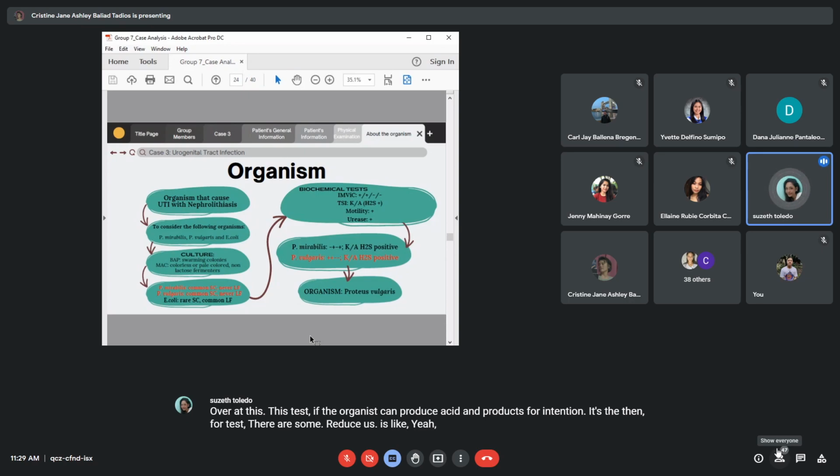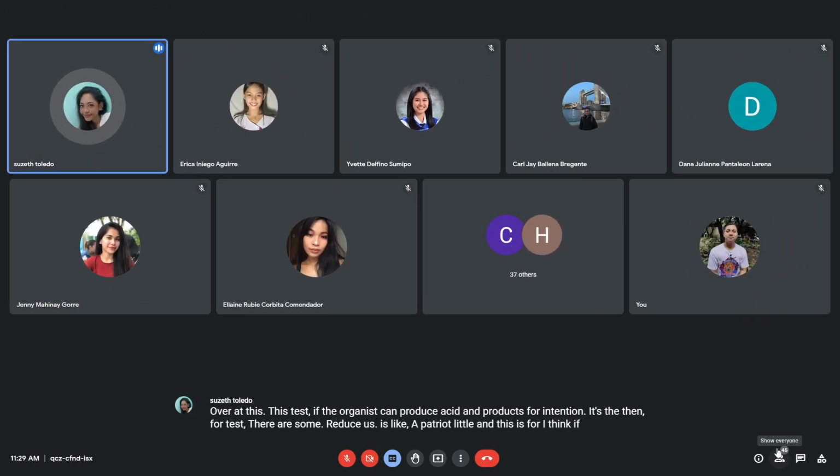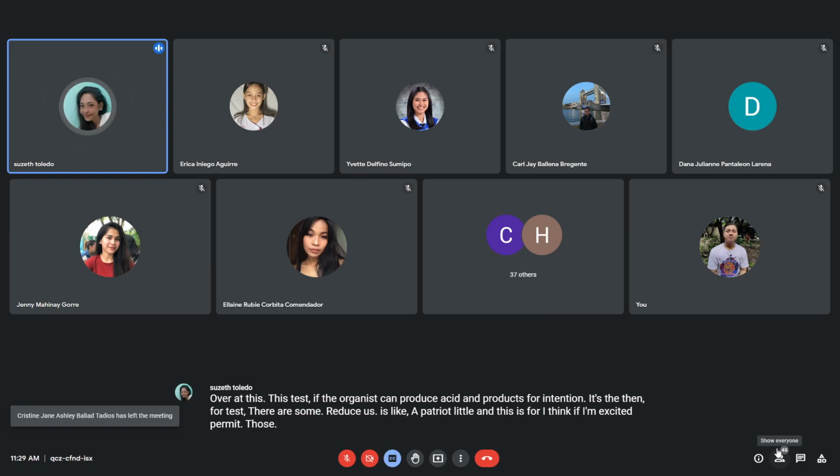For citrate utilization, this tests if the organism can use the enzyme citrate permease to hydrolyze citrate for energy production. So this is negative.